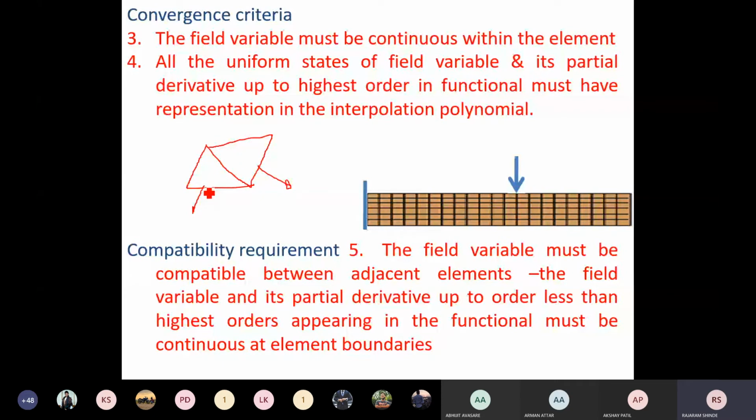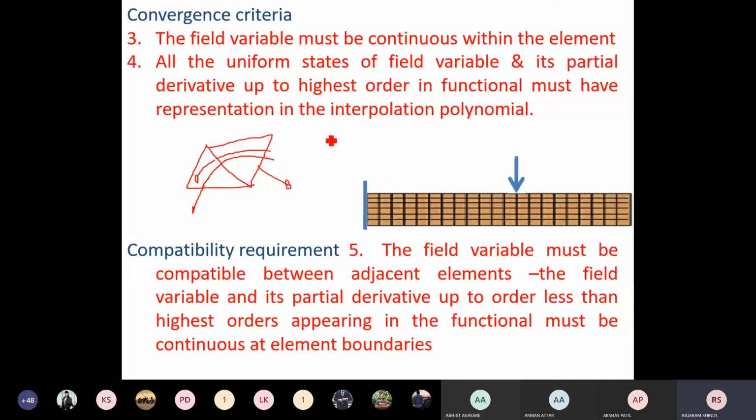Means here this interpolation polynomial should be continuous, and this continuity is maintained by the interpolation polynomial of the second element. Do you agree with this? If your phi varies from here like this, then it should continue from here in the second element.